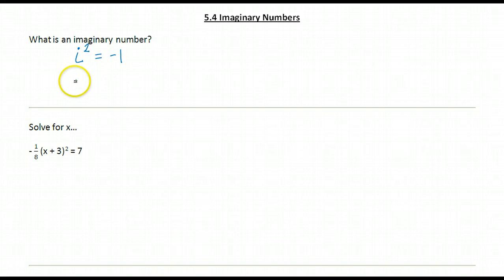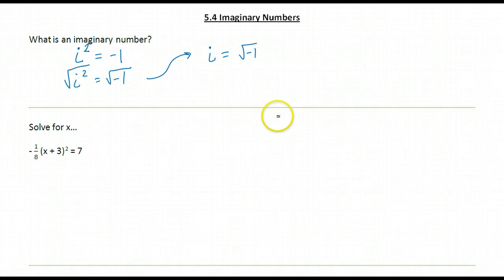Well, if I take the square root of both sides of the equal sign, the square root of i squared is just i, and the square root of -1 is the square root of -1. So the imaginary number i has a value of the square root of -1. If I square i, I get -1.